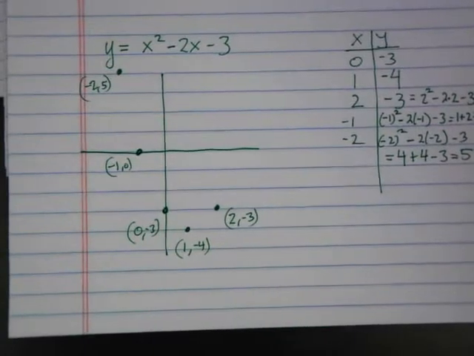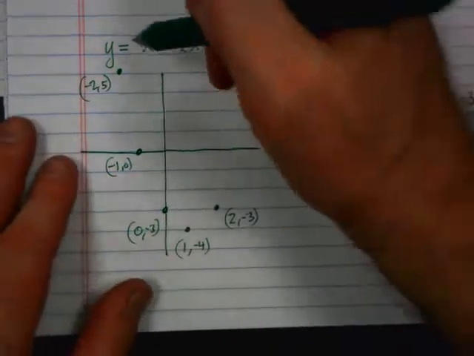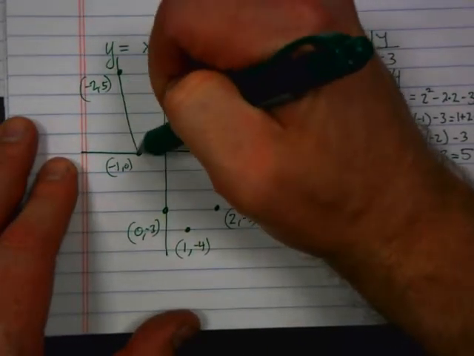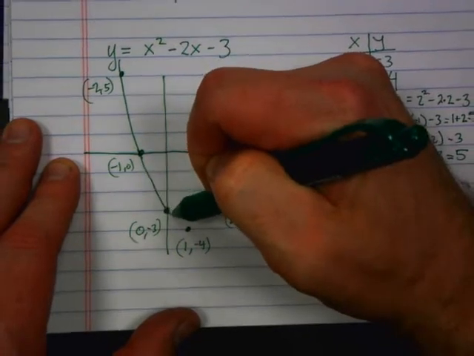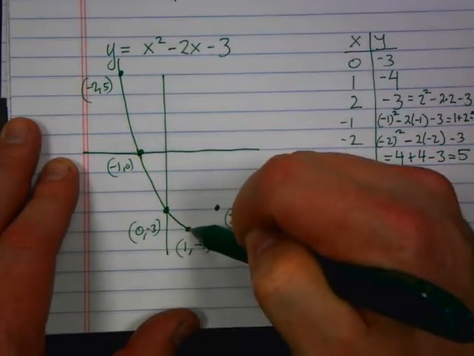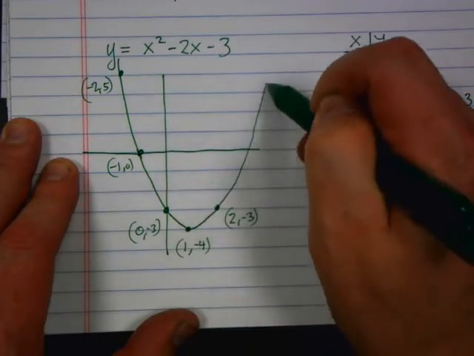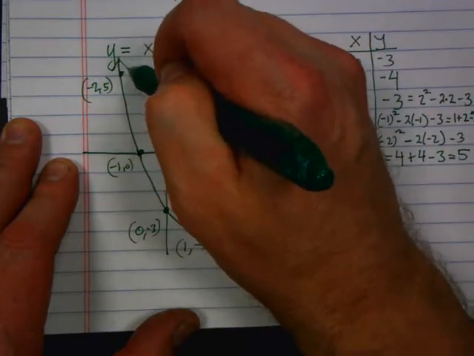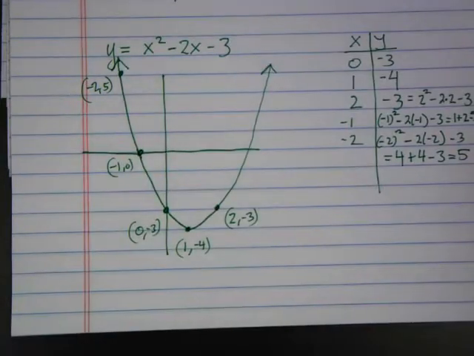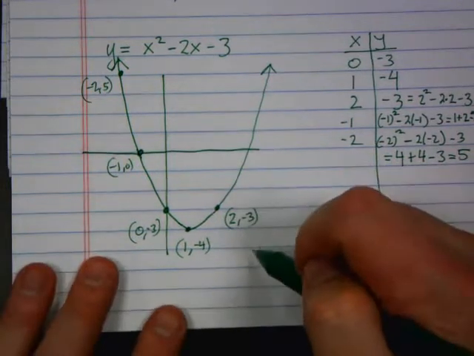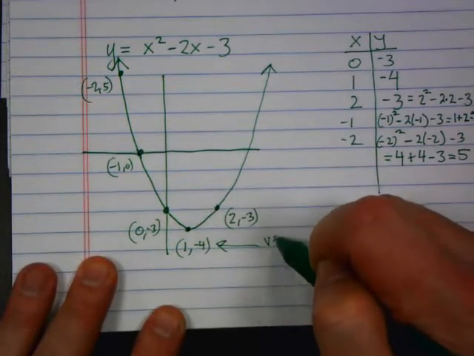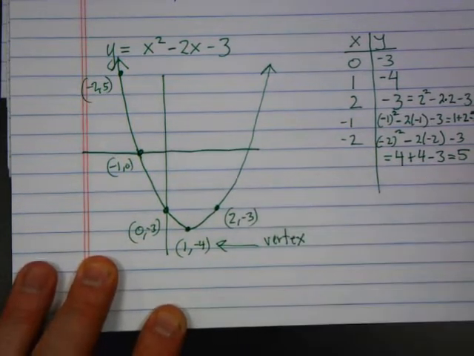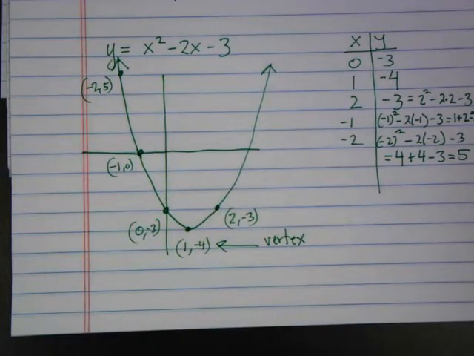Where's the vertex this time? 1, negative 4. It's the bottom, isn't it? So this parabola comes down like so, vertex at 1, negative 4, turns around and goes back up. So here's my vertex.